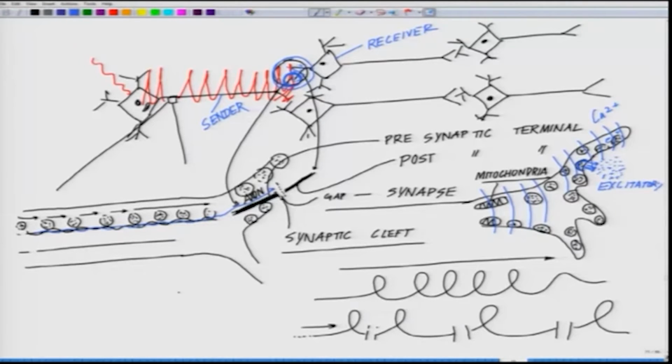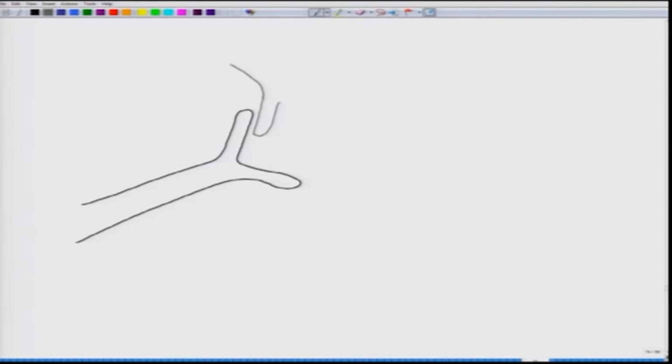So, let me draw it again for you, it may make more sense. Say for example, this is the sender neuron's axon and terminal, and just for simplicity I am keeping it very, very simple, and this is the dendritic terminal of the receiving neuron.